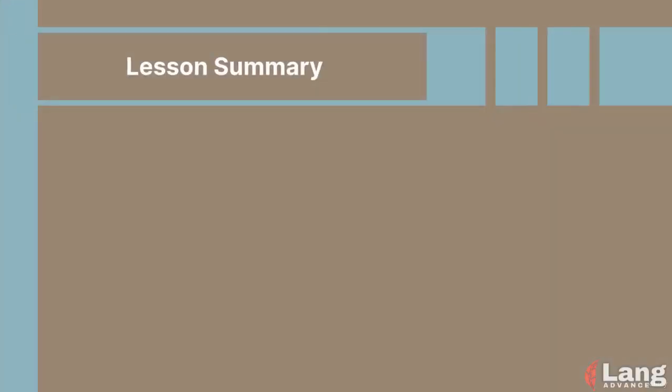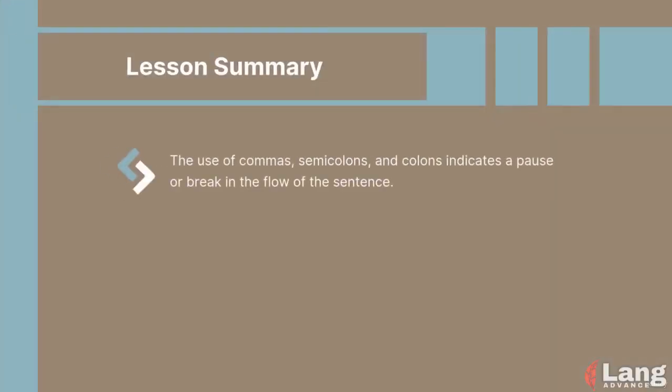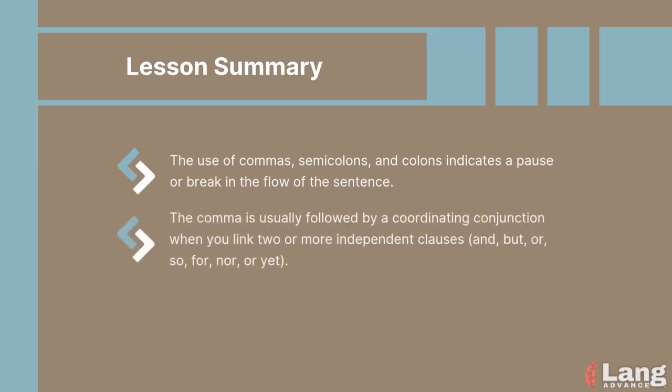Lesson synopsis. The use of commas, semicolons, and colons indicates a pause or break in the flow of the sentence. The comma is usually followed by a coordinating conjunction when you link two or more independent clauses: and, but, or, so, for, nor, or yet.